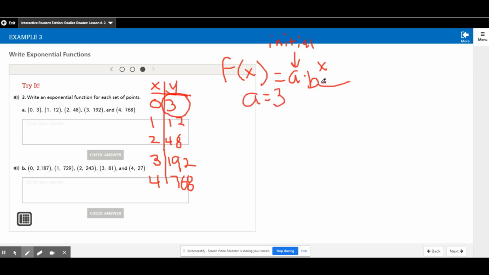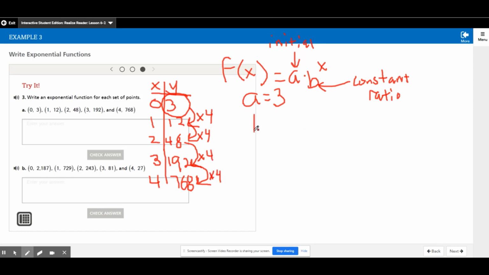And then our b value, like we saw in the earlier slide, is a constant ratio. What is a constant ratio? Well, if you look at your y values here, how do you go from 3 to 12, 12 to 48, 48 to 192, and 192 to 768? We're multiplying by 4. So the constant ratio here is 4.